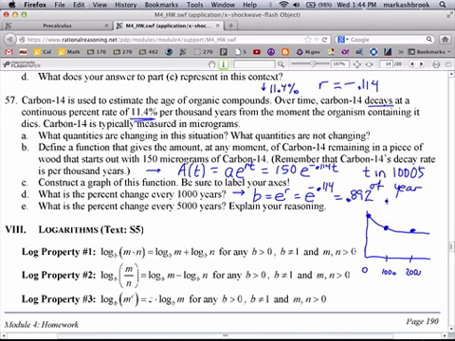And from that true decay factor, we can get the true percent change. How do we get that? Subtract it from 1. And now it should be close to that 11.4, but not quite. 10.8? Yeah. So the true percent decrease every 1,000 years, it's really going down 10.8% for a continuous rate of 11.4%.